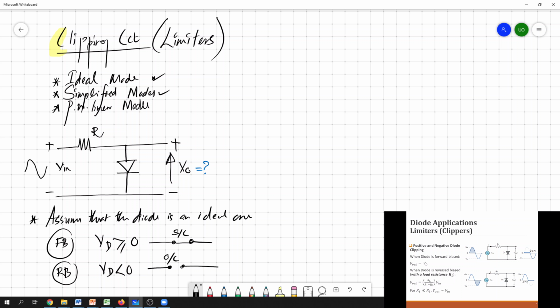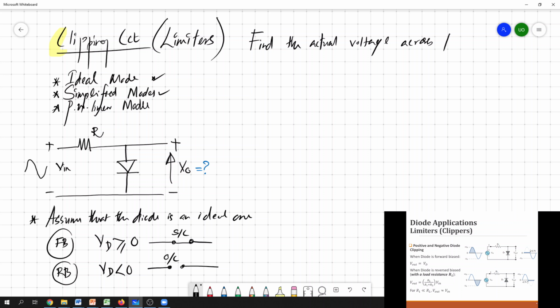Okay, so by sticking to this ideal model, we'll try to analyze the circuit here. First, we need to find the actual voltage across the diode.